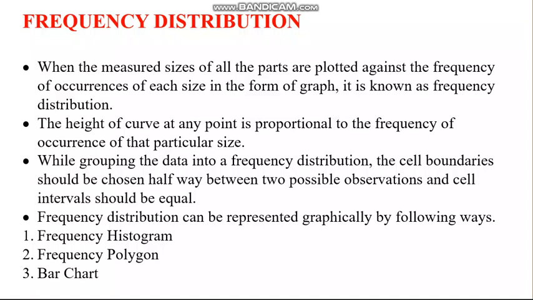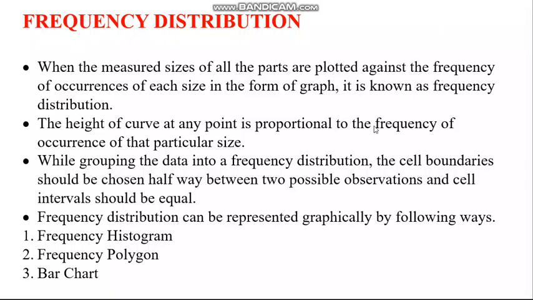Okay, and the cell boundaries should be chosen halfway between the two possible observations. You see, when we say halfway, sometimes we say the cell is 40 to 50, and now 40 has come.